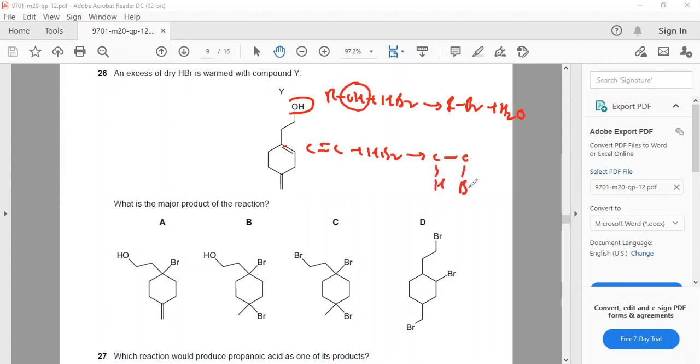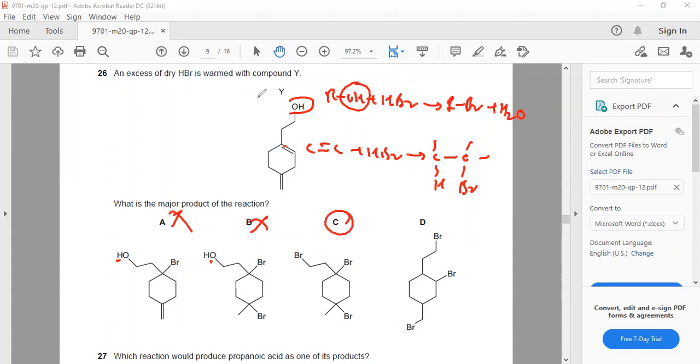One carbon gets H, one carbon gets Br. If you apply this rule here, you must know that OH will be substituted. So eliminate the wrong answers. B and A are wrong because OH is still the same. OH must be substituted.